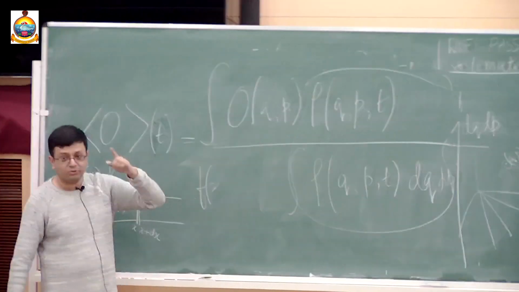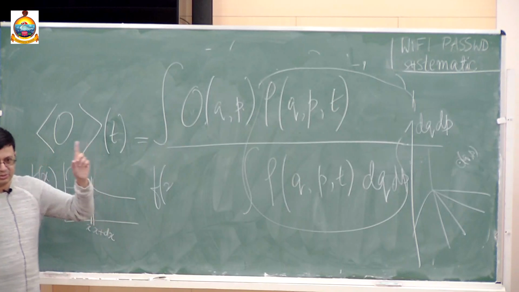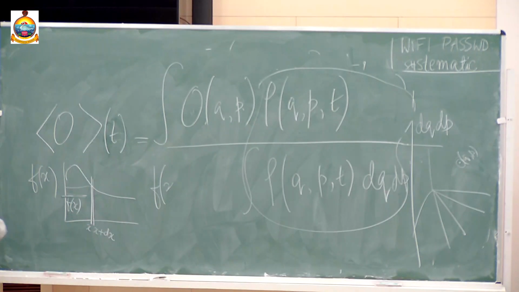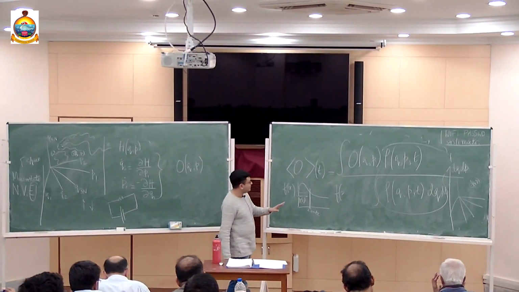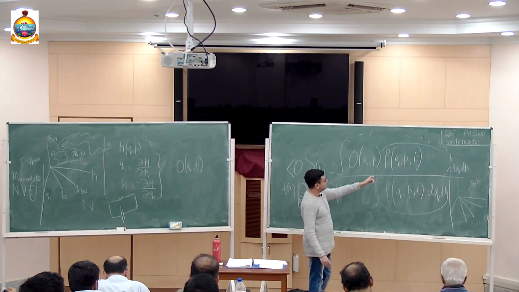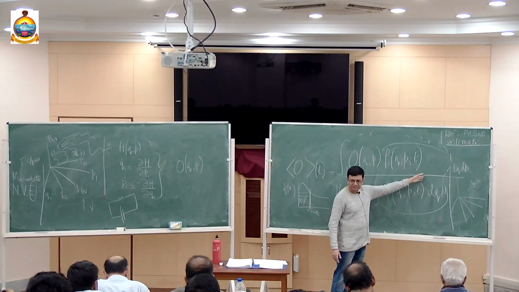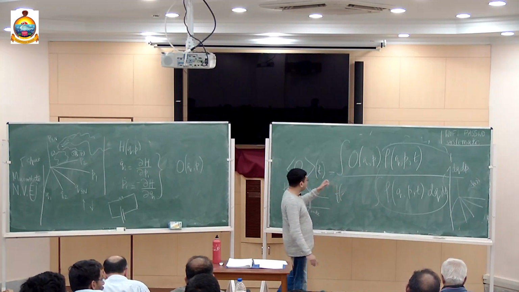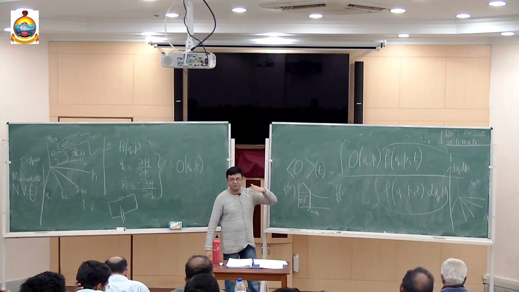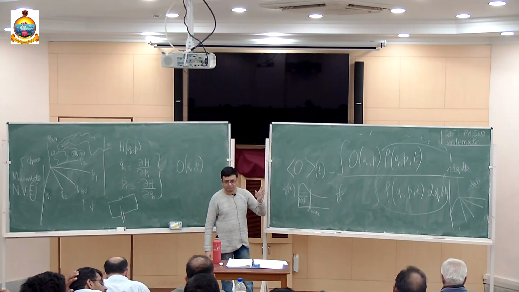What I know is that rho is going to evolve in time according to that equation, del rho by del t plus the Poisson bracket of rho with h is equal to 0. So that I know. And therefore, in principle, I know how rho is changing as a function of time, and therefore, in principle, I know how this average value changes as a function of time.